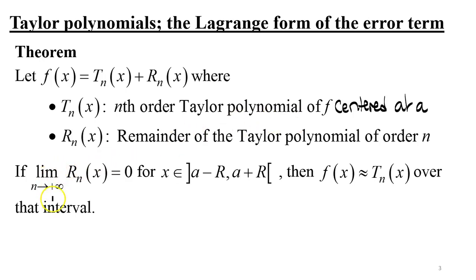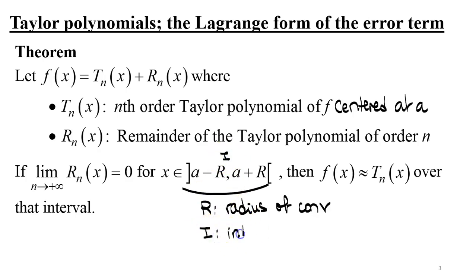So if the limit when n goes to infinity of Rn of x is 0 for x in (a minus r, a plus r), then in that case f of x would be well approximated by that Taylor polynomial over that interval. And I remind you that r is the radius of convergence, while this interval I is the interval of convergence. So f of x would be well approximated by the Taylor polynomial over that interval.